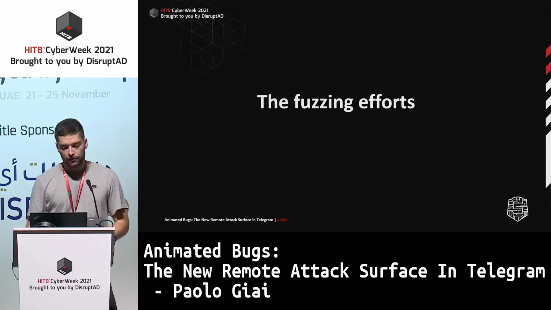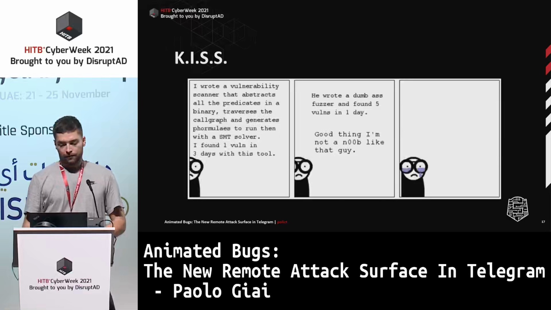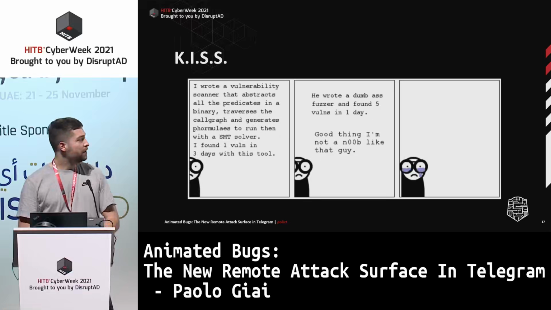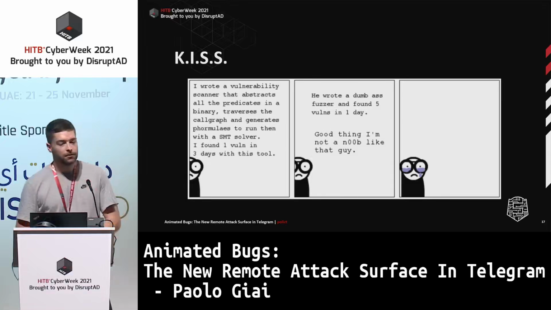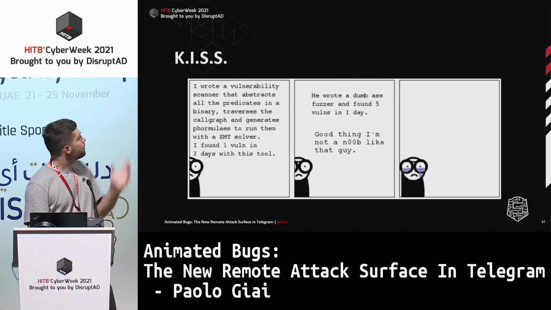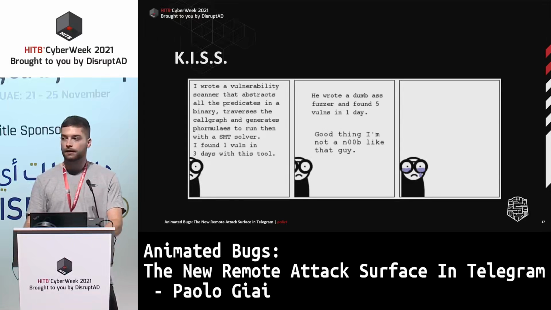So let's move to the fuzzing efforts and the methodology I've adopted in this research. I have a specific methodology, usually, which can be summed up either by the keep it simple, stupid title, or this specific InfoSucks meme, which basically says that I always try to do the laziest and easiest test first and see what happens.